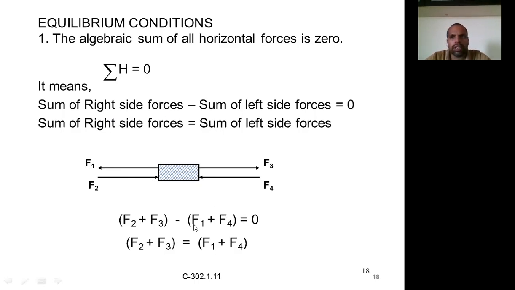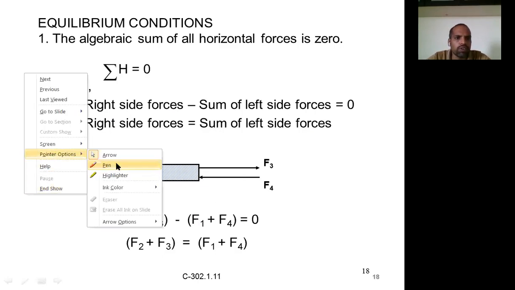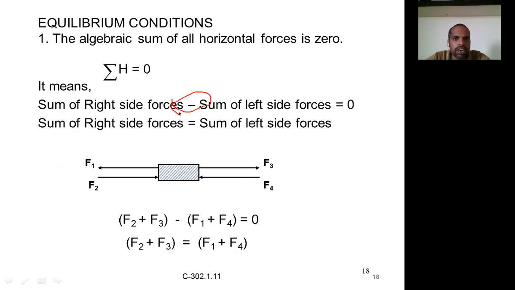You can also write it in another way; it need not always be only this equation. F1 shall be equal to F3, both pulling forces, and F2 shall be equal to F4.